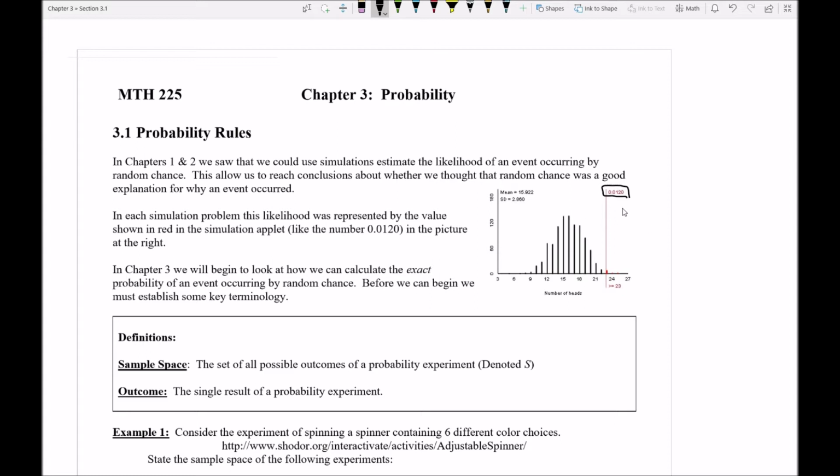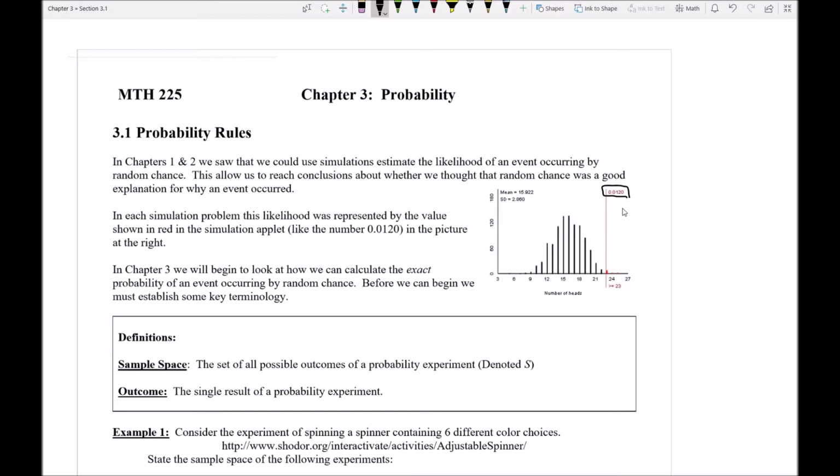What makes simulations a bit hard is what to do when I get close to that 5% cutoff line, where we said that if something happened under 5% of the time, random chance wouldn't be a good explanation for why it happens, and if something happened over 5% of the time, random chance could be a good explanation.